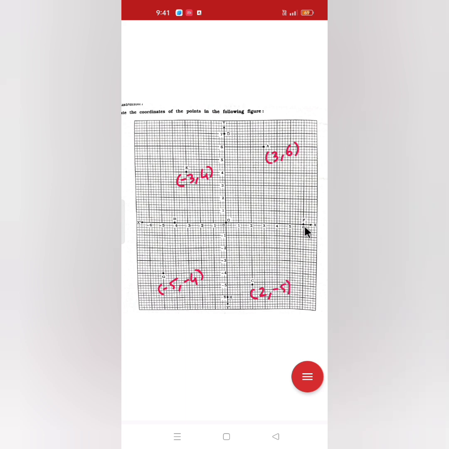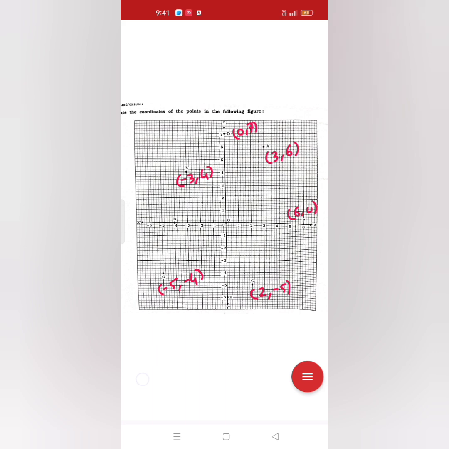Point F is on the x-axis. On the x-axis the y coordinate is 0. So it is (6, 0). Point D lies on the y-axis. On the y-axis the x coordinate is always 0. So it is (0, 7).